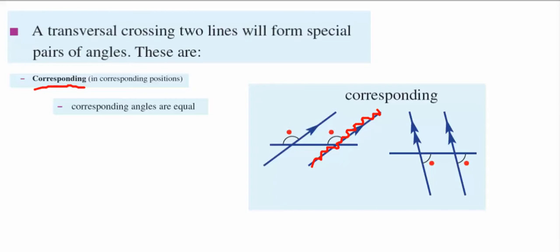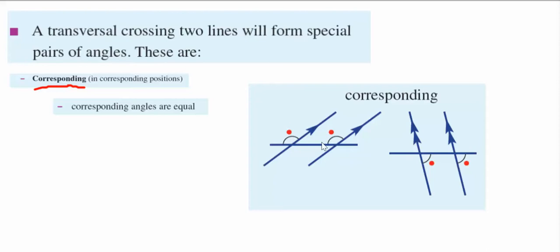Now say we drew that line at another spot along this straight line, the same angle would be created, provided that line is parallel. It's going to be exactly the same angle. That's why we call them corresponding.